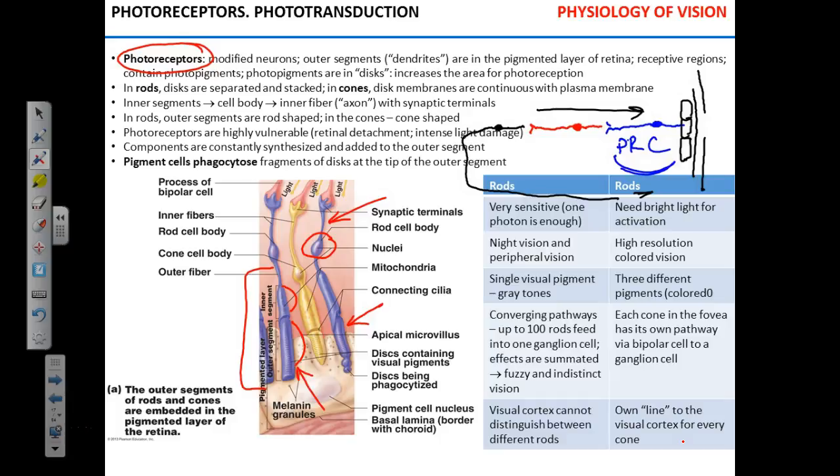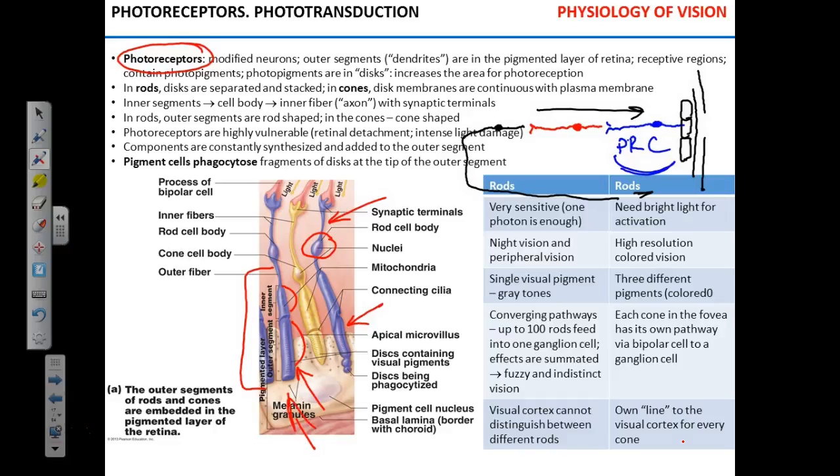Remember, pigmented cells function to phagocytose the fragments, the debris that come from the photoreceptor cells. Photoreceptor cells are constantly pounded by light, and fragments of the membrane fall off, they die. So all these fragments of the membrane are recycled in the pigmented cells.